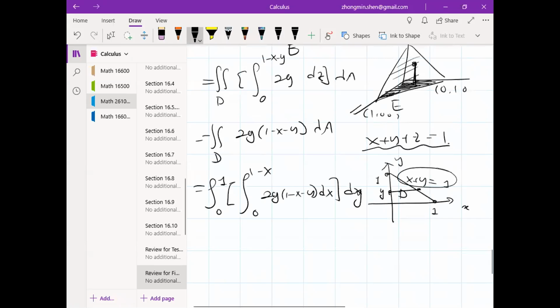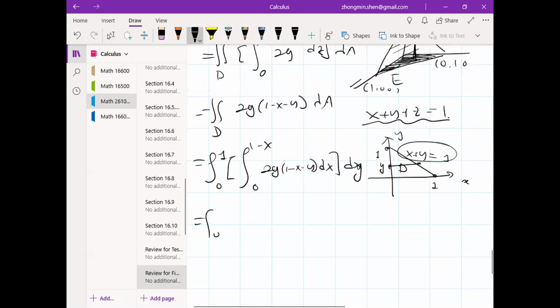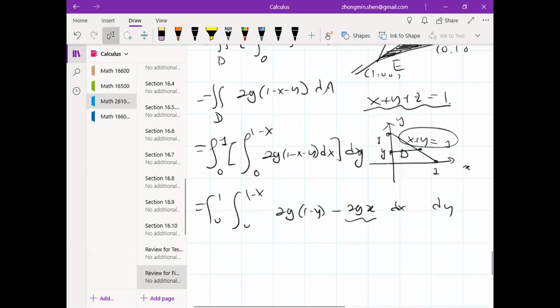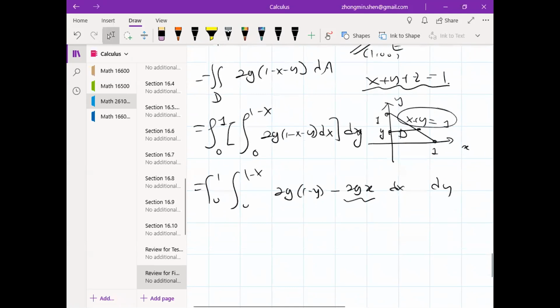For this polynomial, I got 2y, 1 minus y, this constant, minus 2y times x, dx dy, right? There is only one term containing x. 2y times 1 minus x, 2y times x.